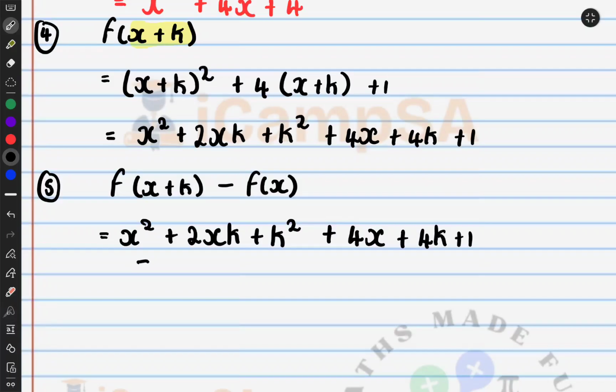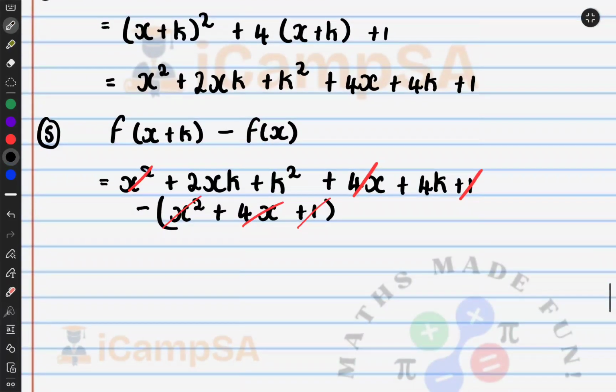What is f at x? f at x is x squared plus 4x, let me put this in brackets, plus 1, because the sign has to change. So when we subtract this, x squared will cancel the x squared, 4x will cancel the 4x, 1 and 1. Okay, that's right.